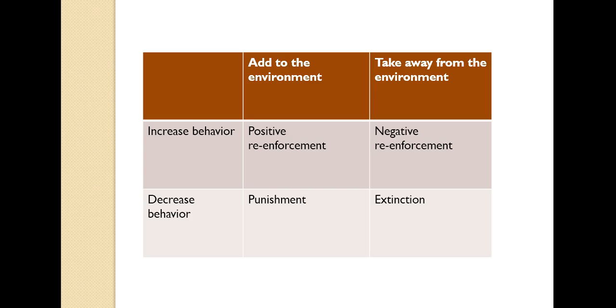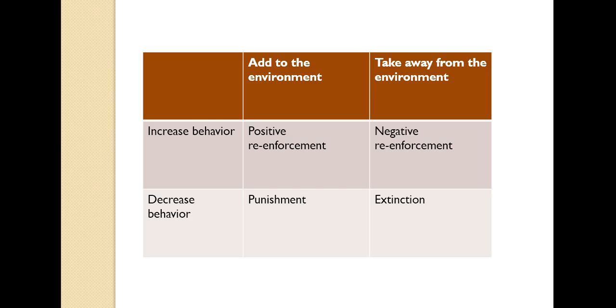It takes a lot of patience to make extinction work, but if you take reinforcement away to decrease behavior, it does work. An example in a school setting is if someone misbehaves and you do not give them any attention whatsoever, eventually the behavior decreases.